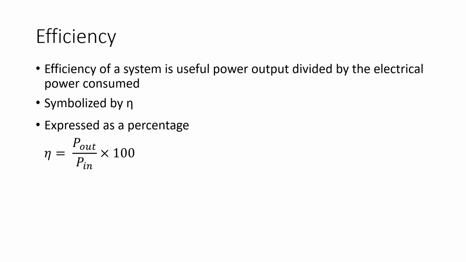Mathematically, efficiency equals output power divided by input power times 100. Now, when you're doing some calculations regarding efficiency, understand that efficiency must always be less than 100%. There will always be some losses in our systems, be them electrical systems or mechanical systems.